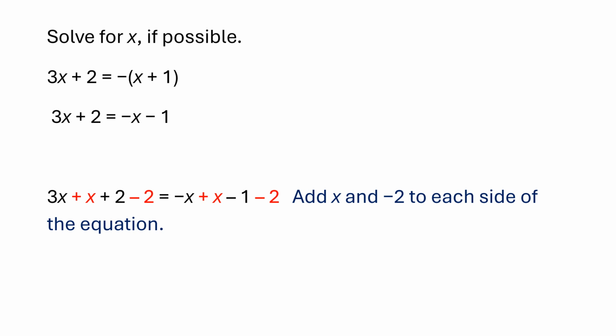Now we add x to each side. We want to get all the x's on one side. And we subtract 2 from each side. So 3x plus 2 minus 2 is -x plus x minus 1 minus 2.